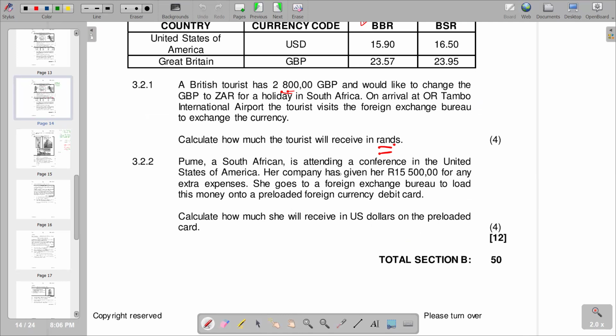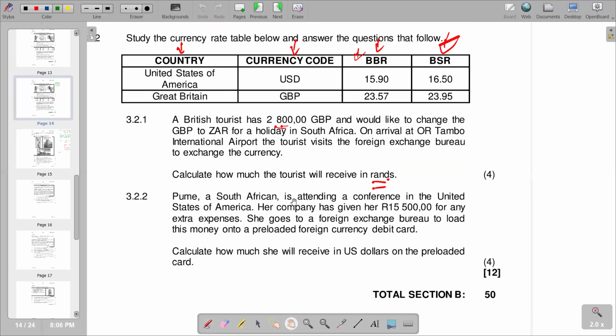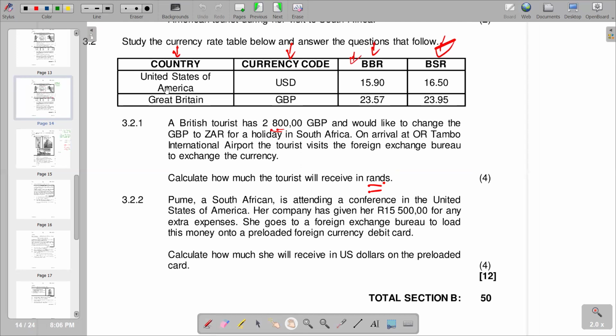In this scenario, the tourist is holding rands, and the tourist needs to sell the rands so that the tourist converts the rands into US dollars. So we have US in this row, and the selling rate is given in this column.